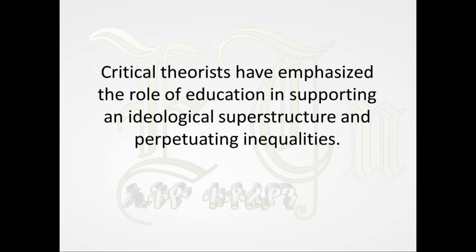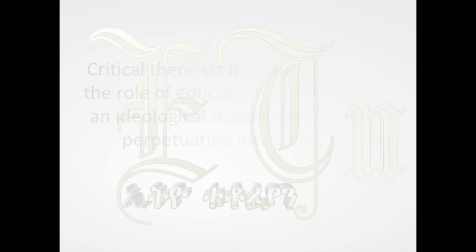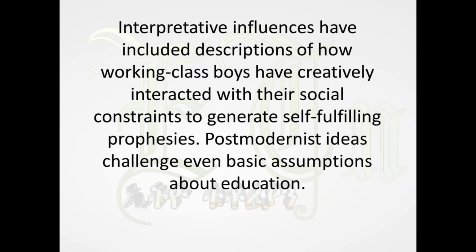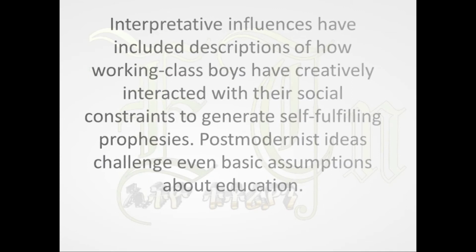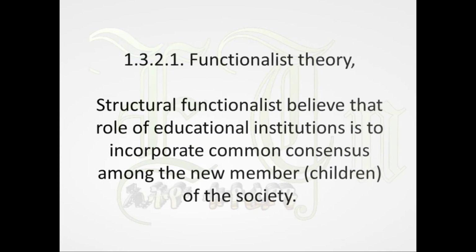Critical theorists have emphasized the role of education in supporting an ideological superstructure and perpetuating inequalities. Interpretative influences have included descriptions of how working-class boys have creatively interacted with their social constraints to generate self-fulfilling prophecies. Postmodernist ideas challenge even basic assumptions about education.